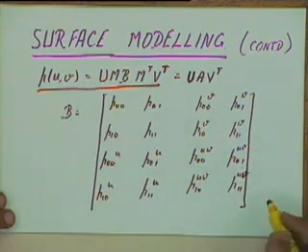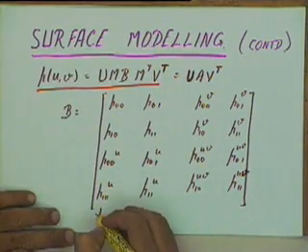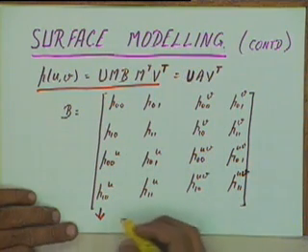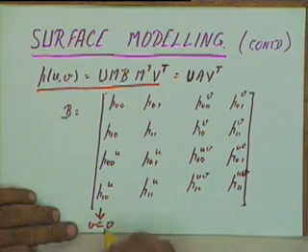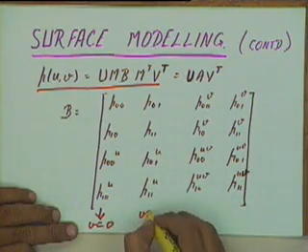Okay. And in this matrix, if you look at this first column, we said that these 4 terms together will specify a PC curve, which is the V equal to 0 curve. Similarly, these 4 terms will specify the PC curve for V equal to 1.